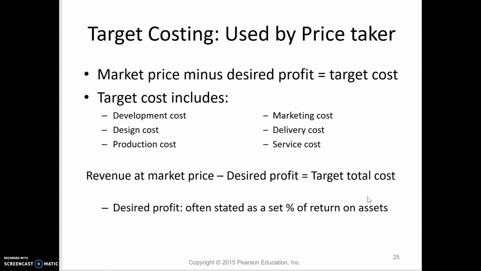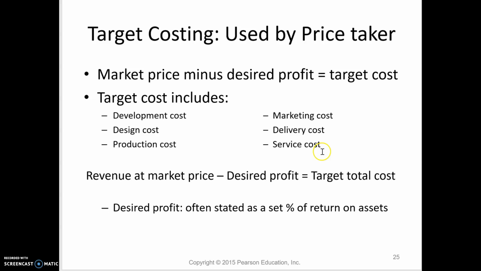And you have to figure out how to control your costs. So your development costs, your design costs, production costs, marketing, delivery, service costs, all have to fall underneath the total target cost. So our total target cost, we take the revenue at the market price and subtract our desired profit.